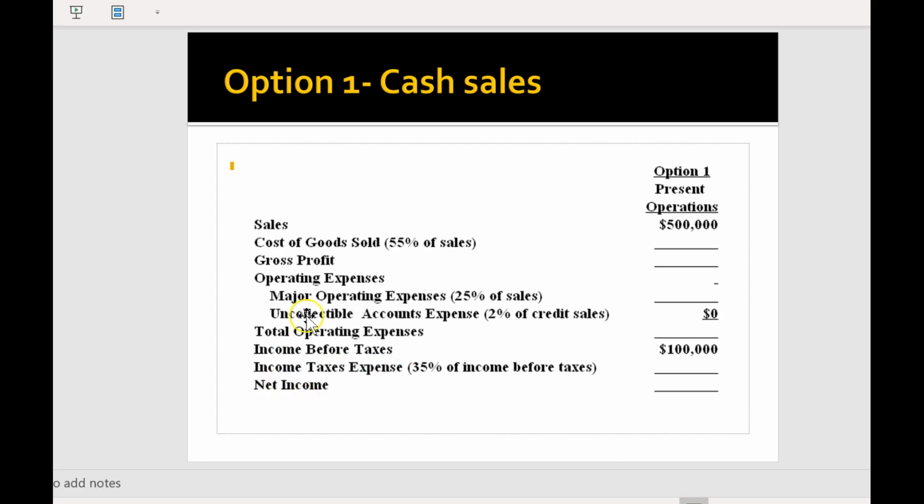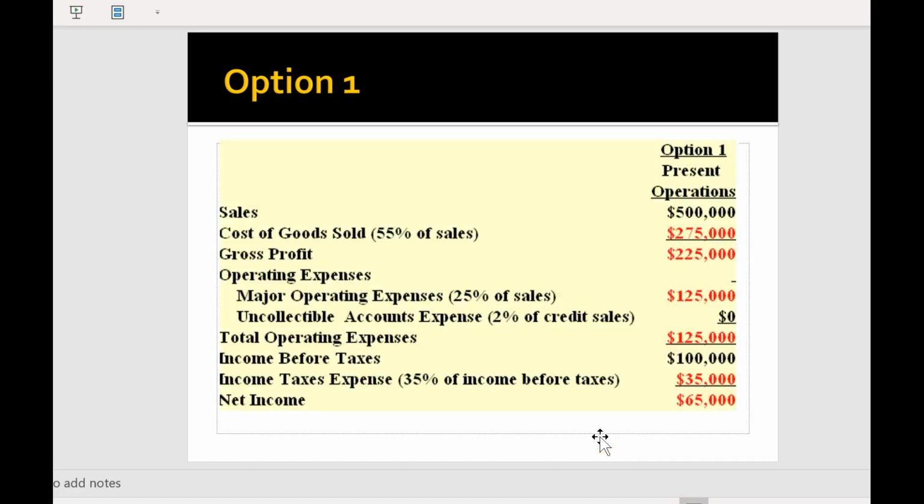So the idea is that the money we earn is from the sales, but we need to subtract the cost of the goods. And then we need to subtract all the operating expenses, and the tax expenses. That gives us the net income. So you can pause the video here and try to fill out all these numbers, and let's calculate how much net income you will get.